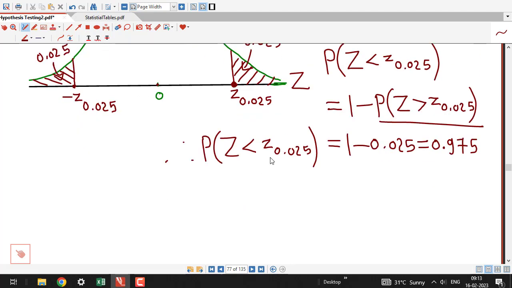So we are interested in that value of Z for which this probability is 0.975, or the area to the left of this point is 0.975.